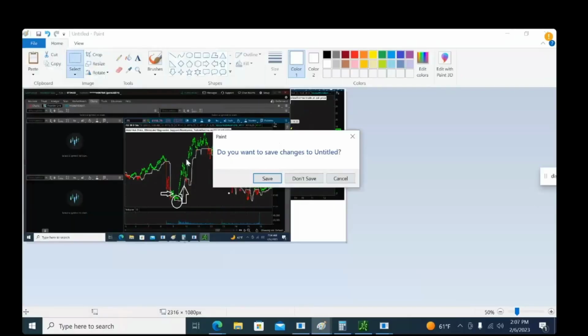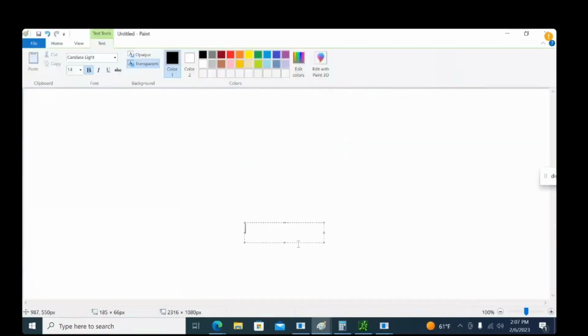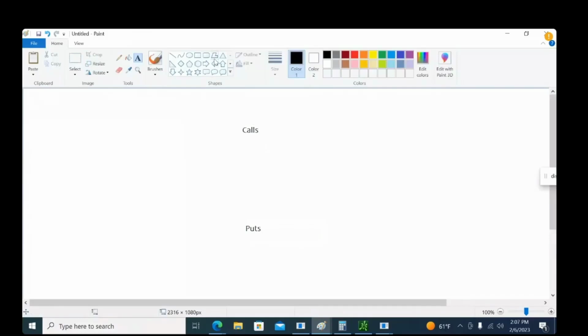Thank you so much. I've got the puts and calls, right? So I've got the puts, got calls. So as we go up, more of the calls become in the money. And then as we go down, more of the puts come in the money.